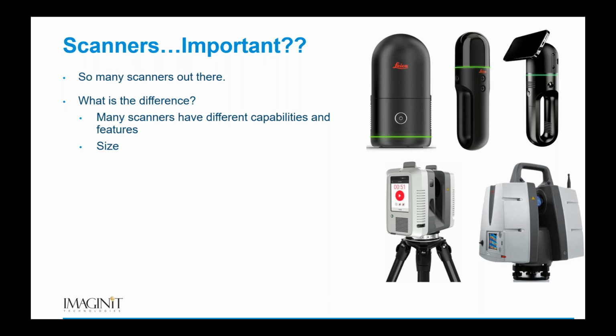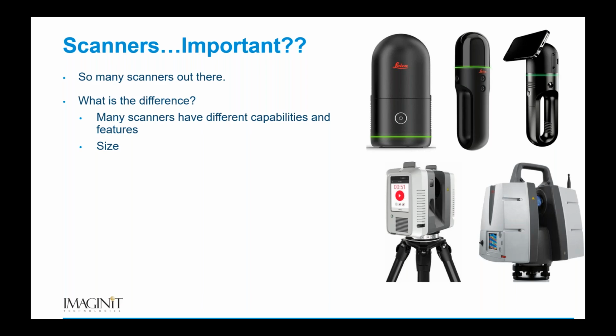But the scanner in the top left there is very, very small. Some of you listening may have a BLK 360. This is about the size of a soda can, maybe a little bit larger, right? It weighs just a couple of pounds. So taking that on a site is very, very easy.